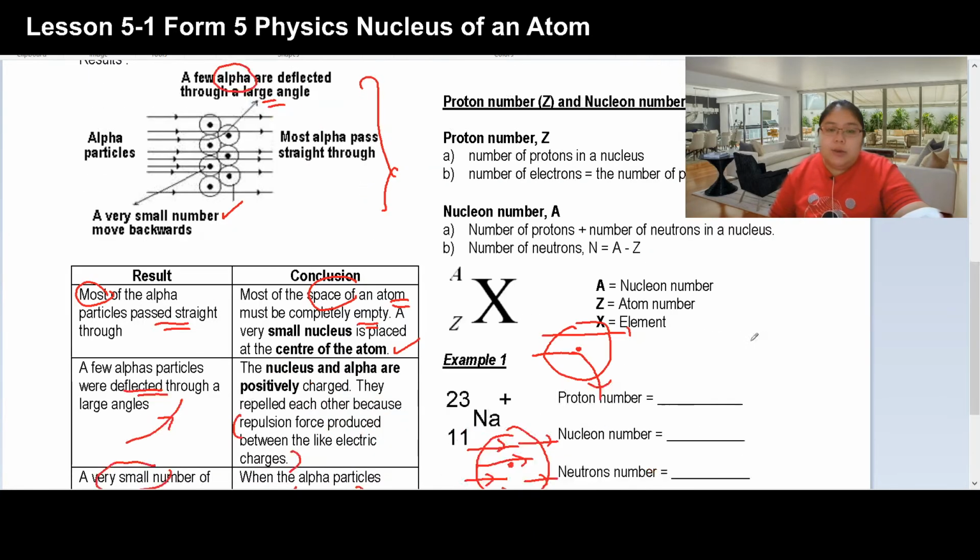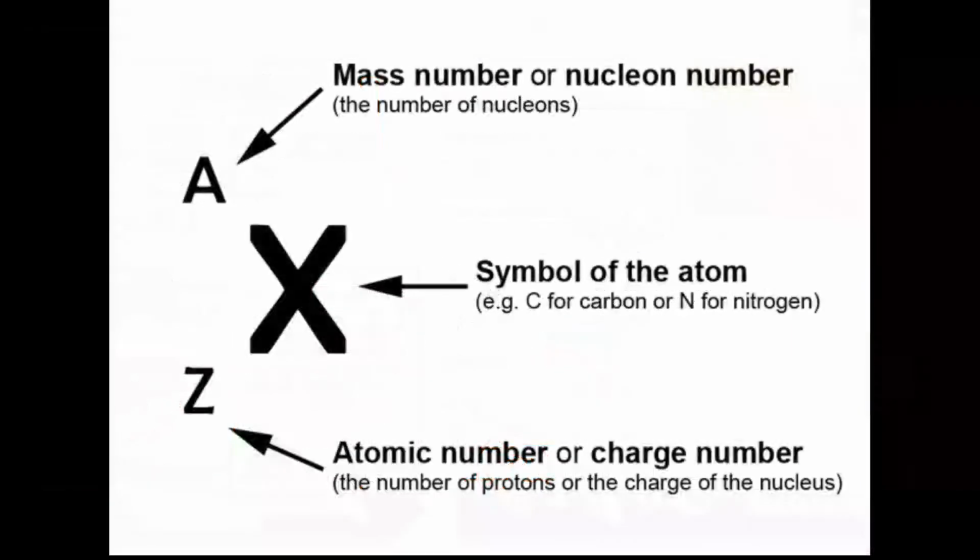Okay, the next one, we go and see the proton number and neutron number. In the center we write X, which is one of the elements. The symbol of the atom is sometimes carbon, nitrogen, or sulfur.